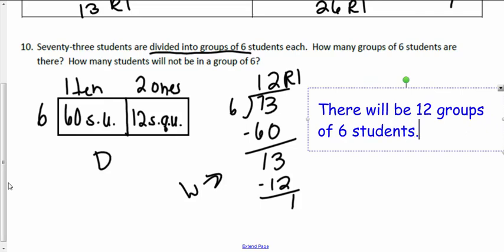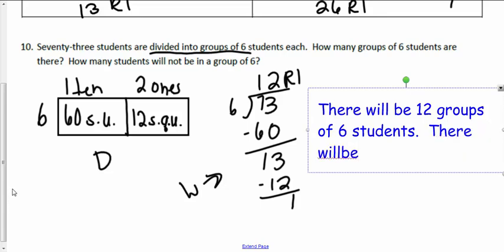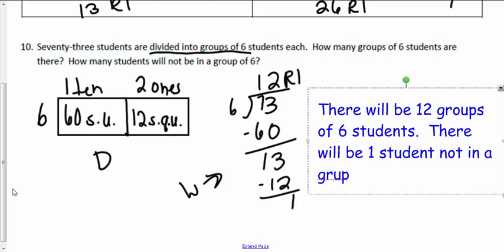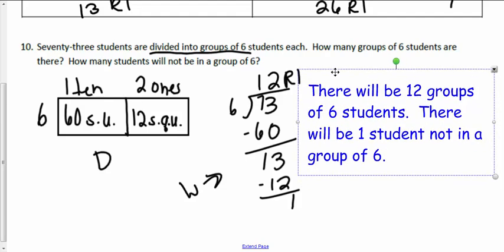Then it said how many students will not be in a group of 6. There will be 1 student not in a group. Okay, so that's my final W, writing it as a statement.